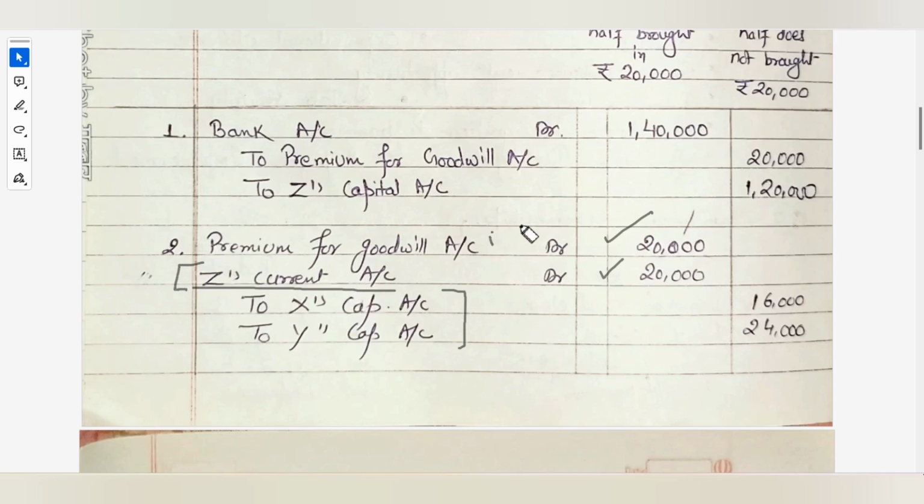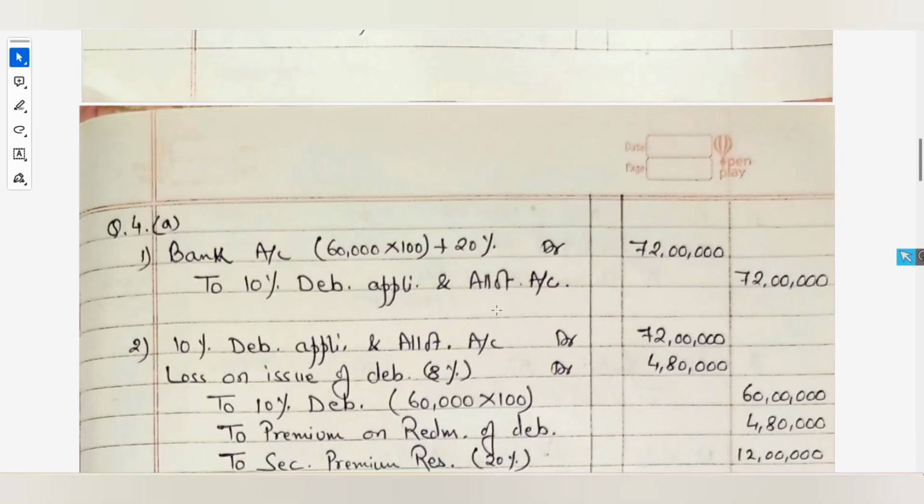So premium for goodwill account will be debited by 20,000, and Jet's current account will be debited by 20,000 by opening the current account of the new partner. That means altogether 40,000 will be distributed in the sacrifice ratio, which is already given as 2:3. After distribution, this amount of 40,000 in 2:3 will be 16,000 and 24,000. That means the necessary entries have been made for the transactions given in the question.